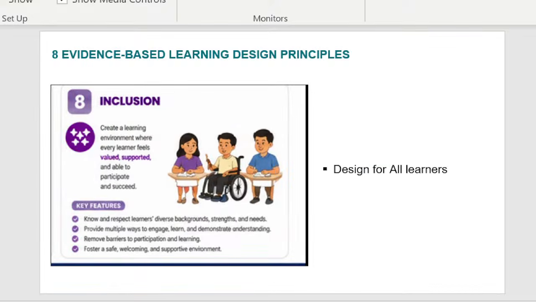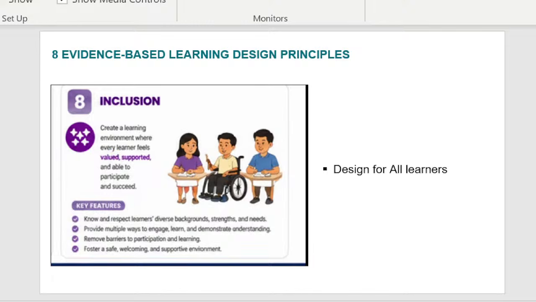Number 8 is inclusion. So part of the instructional design framework, instructional principles is inclusive. So we must create a learning environment where every learner feels valued, supported, and able to participate and succeed.